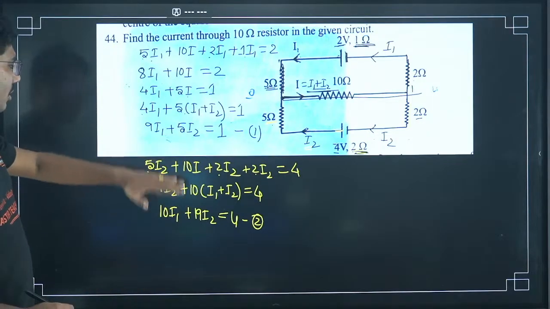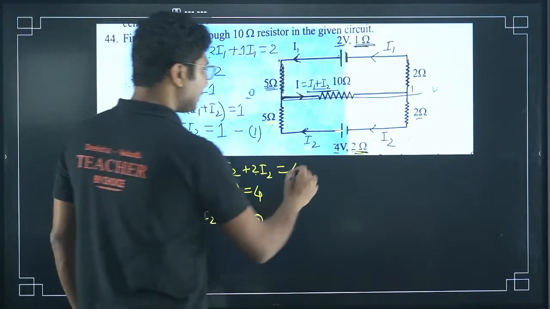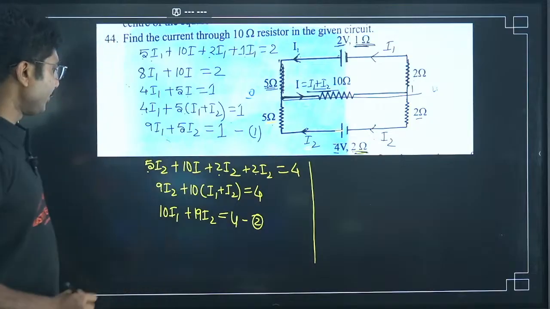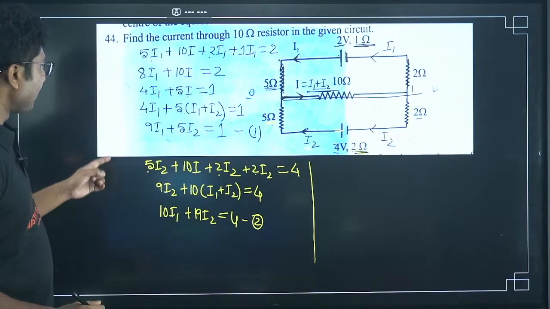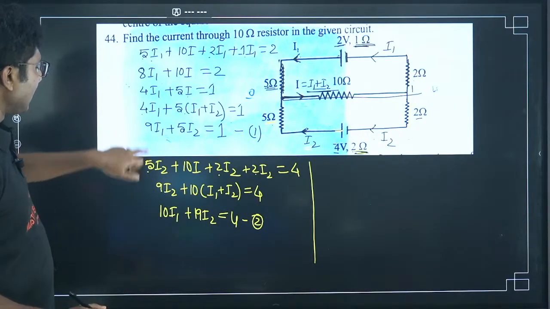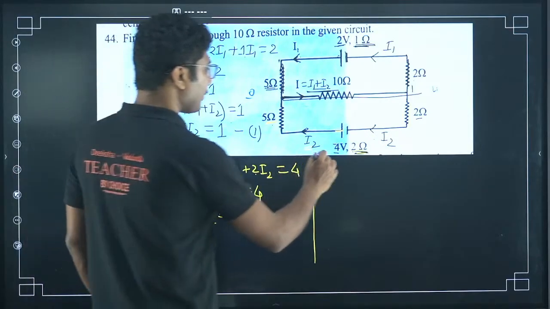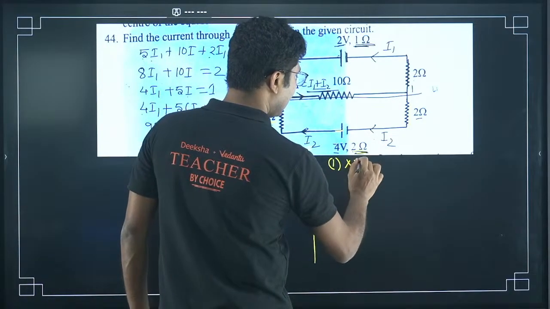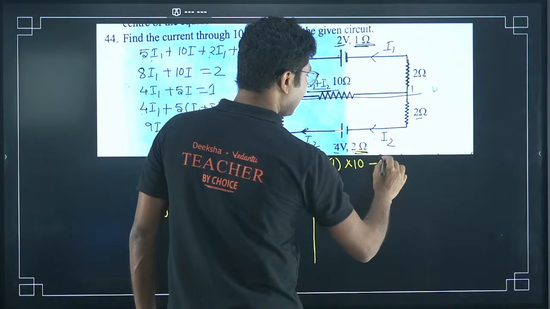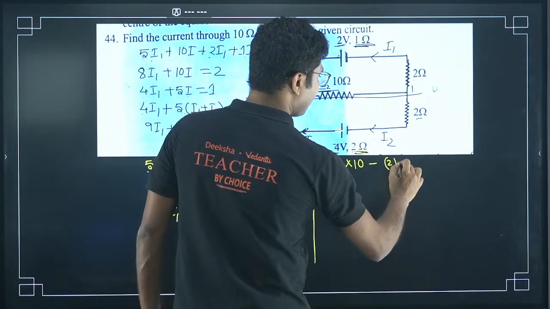Now you have to solve these two equations. As you can see, this is not a simple solution. You have to multiply. Eliminating I1 seems easy. So multiply equation number 1 with 10 and then subtract equation number 2 multiplied by 9.